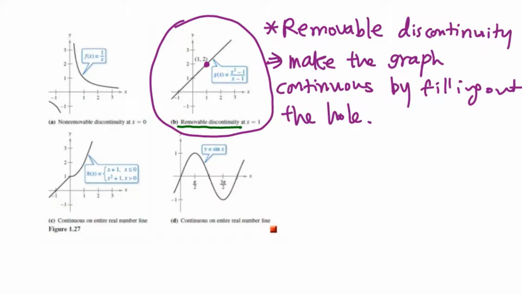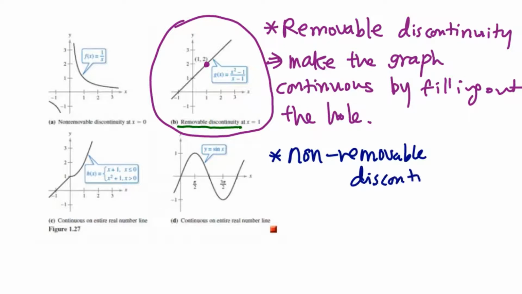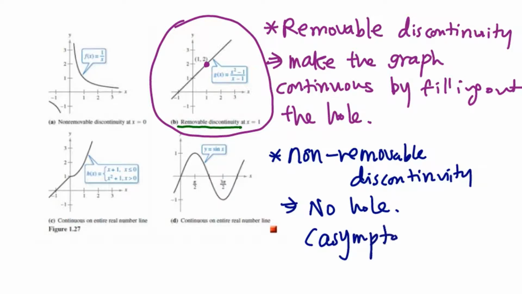Another type is called non-removable discontinuity. It means it doesn't have any hole. It might have an asymptote, or it's just disconnected.